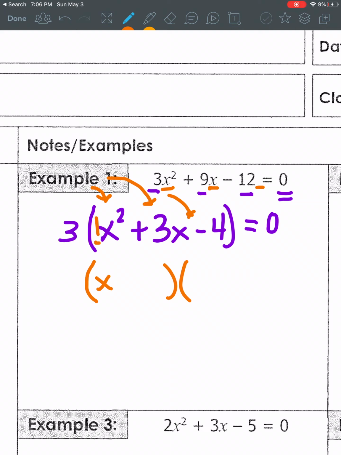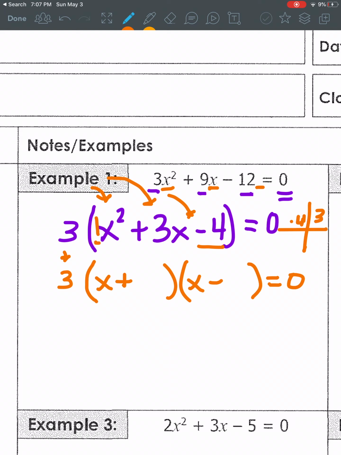So this is very similar to our last video where we know both binomials are going to start with x. We still want to pull down that GCF of 3. All right, our c value is negative, so we know one has to be positive, one has to be negative. We're looking for what multiplies to negative 4 but adds to 3.